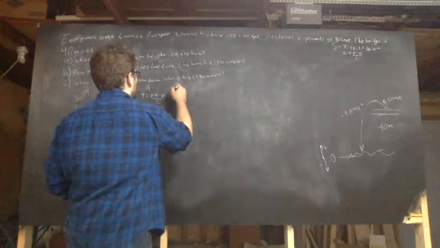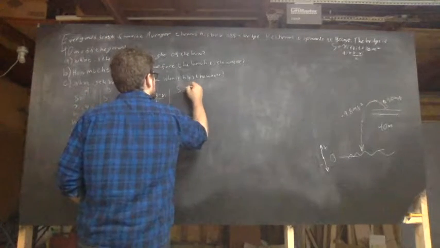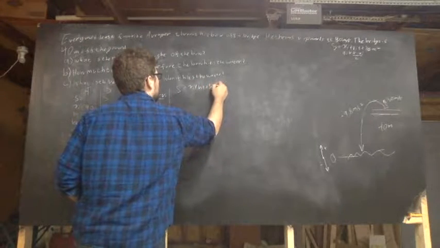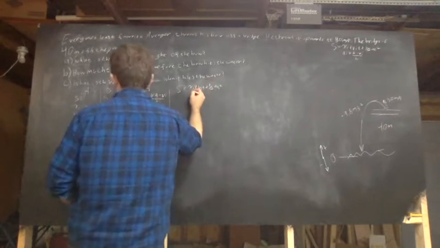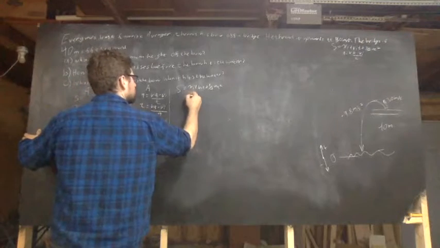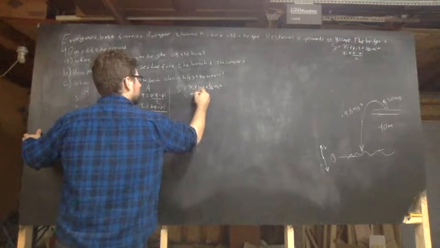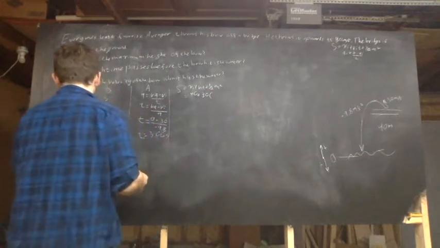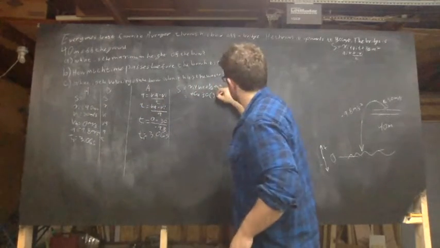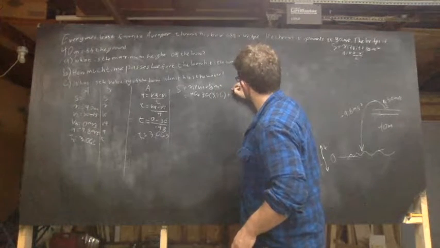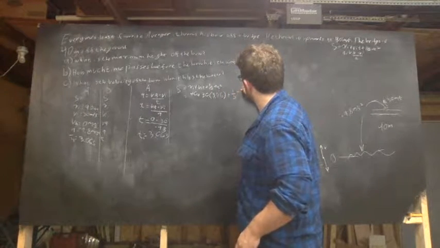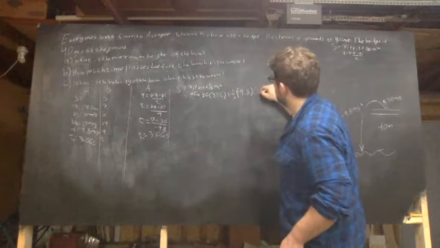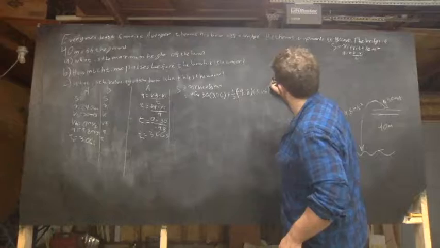Great. Now we can plug that into our S equation and solve for our displacement, for our maximum height. So S equals xi plus vi t plus 1 half a t squared. I have xi, that is going to be 40. I have vi, that's going to be 30, times my time of 3.06, plus 1/2 times negative 9.8 times 3.06 squared.